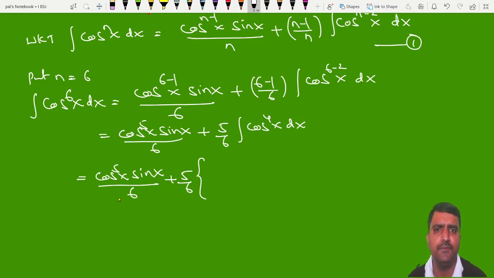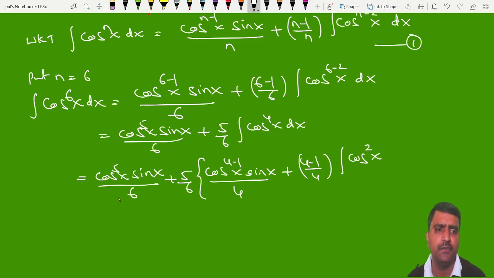So that is cos to the power 4 minus 1 x into sin x divided by 4 plus 4 minus 1 divided by 4 into the integration of cos to the power 4 minus 2, 4 minus 2 is 2, x dx.